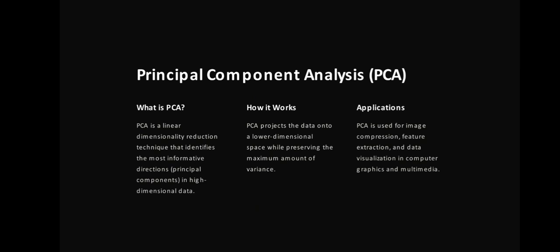So what is it? PCA is a linear dimensionality reduction technique, so here we reduce the dimensions linearly. The idea behind this is that it helps us simplify complex data sets by identifying patterns and reducing the number of variables without losing important features.